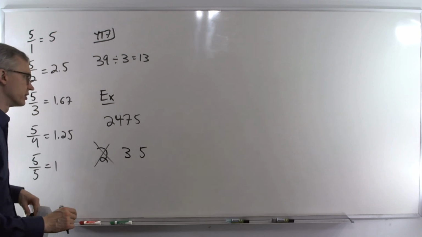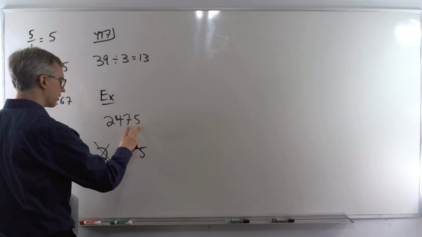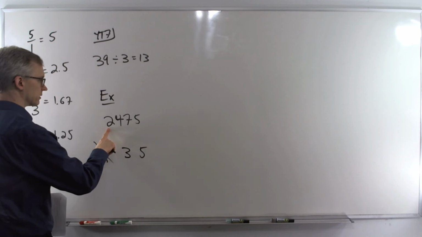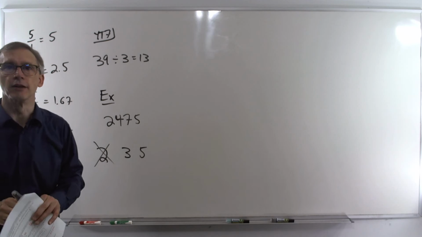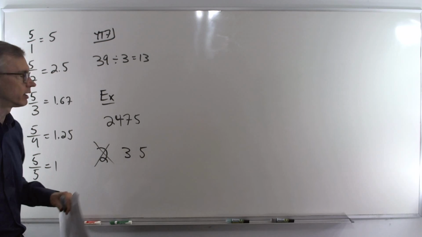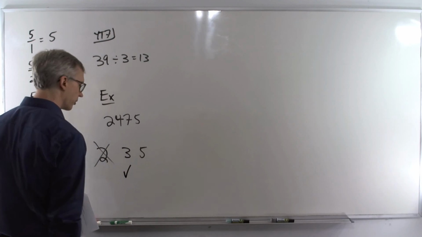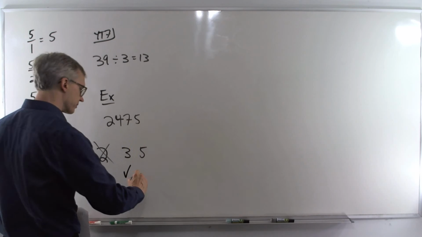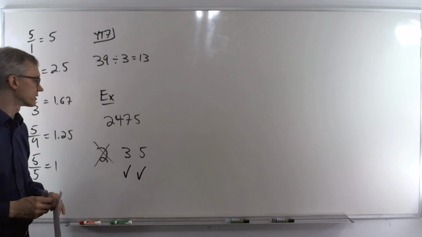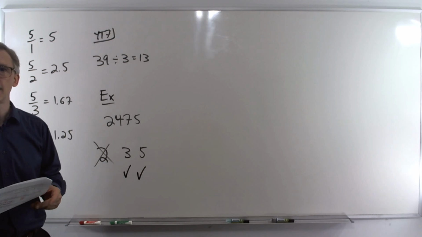All right, let's add up the digits. We got 12 here, 16, 18. Sum of the digits is 18. 18 is divisible by 3, therefore 2475 is divisible by 3. It ends in 5, so it's divisible by 5. So 2475 is divisible by 3 and 5 and not divisible by 2.